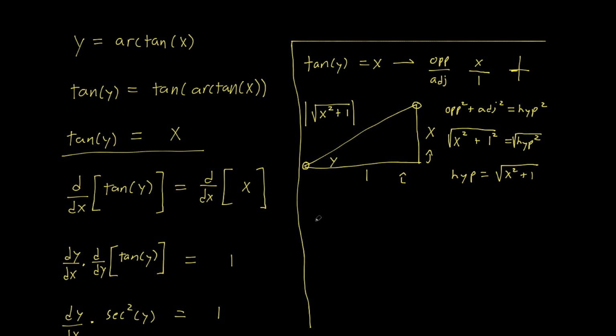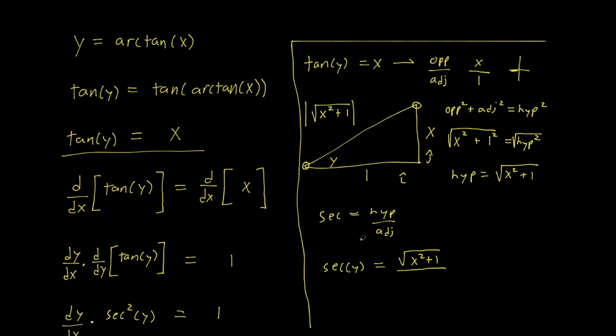So we're solving for secant. So secant equals hypotenuse over adjacent. Secant of y is equal to, the hypotenuse is, like I said, we can get rid of that absolute value in this case, because this function is always going to be positive.